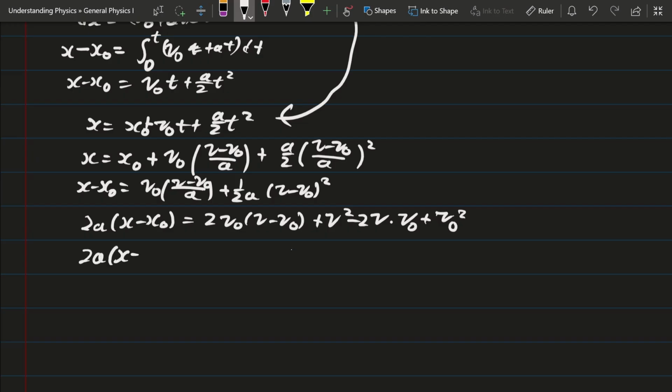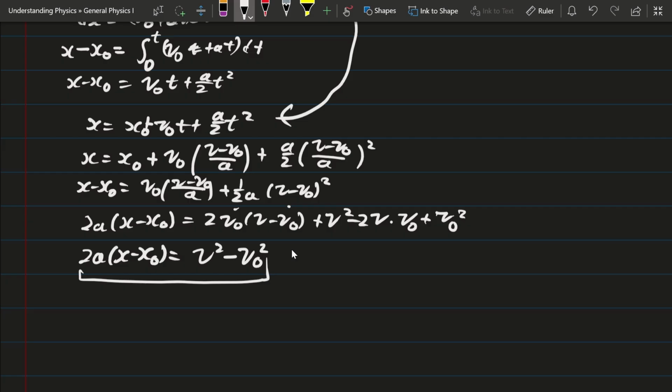So you would be able to obtain 2a(x minus x0) to be equal to v squared, and then 2v0 times v, subtract that by 2v times v0 would be 0, and negative 2v0 squared plus v0 squared would be negative v0 squared. And this is one of the core equations that you could use to find a certain velocity at a certain position, or the other way around.